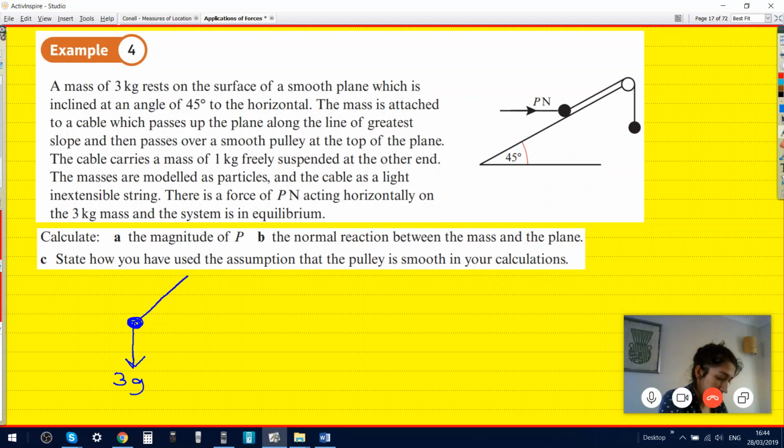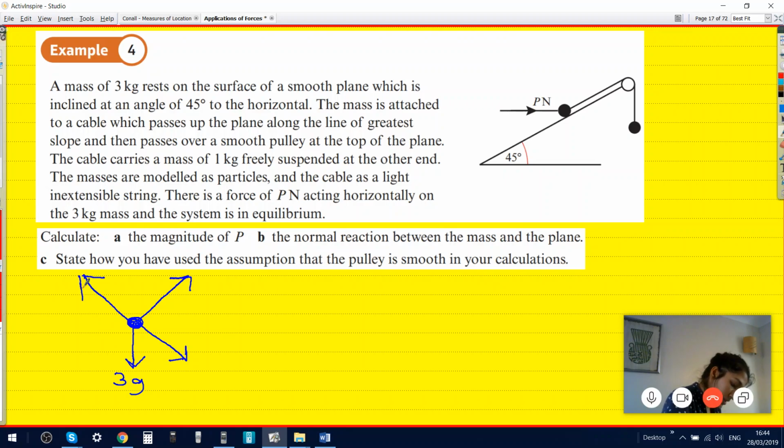Okay, so if we're taking up and right as positive, do a little triangle here. That's 45 degrees.